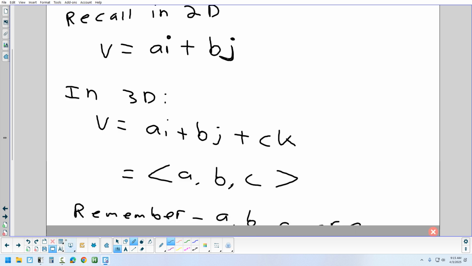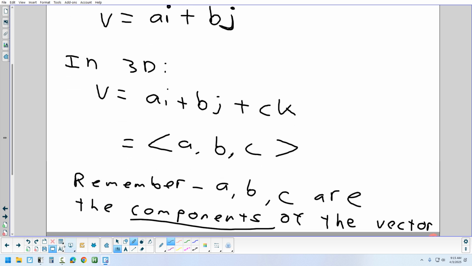The A, the B, and the C, those are just your components. But I'm not going to say horizontal and vertical components anymore. Because in 3D, what does horizontal and vertical mean as much? Right. In 3D, I'll say that this is the x-axis component, the y-axis component, and the z-axis component.